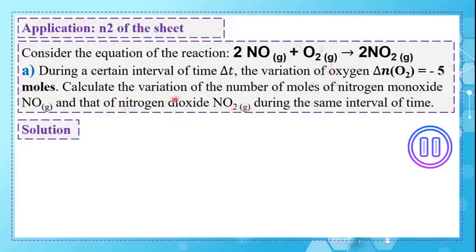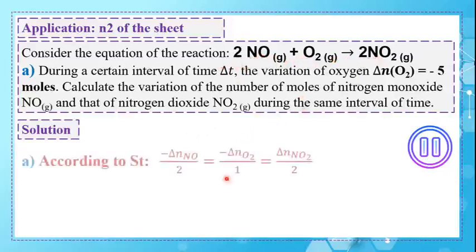So if you want to calculate the variation of the number of moles of NO, which is also a reactant, referring to the stoichiometric coefficients of the reactants and the product, we say that n of NO over 2 is equal to n of O2 reacted over 1, equal to n of NO2 produced over 2.